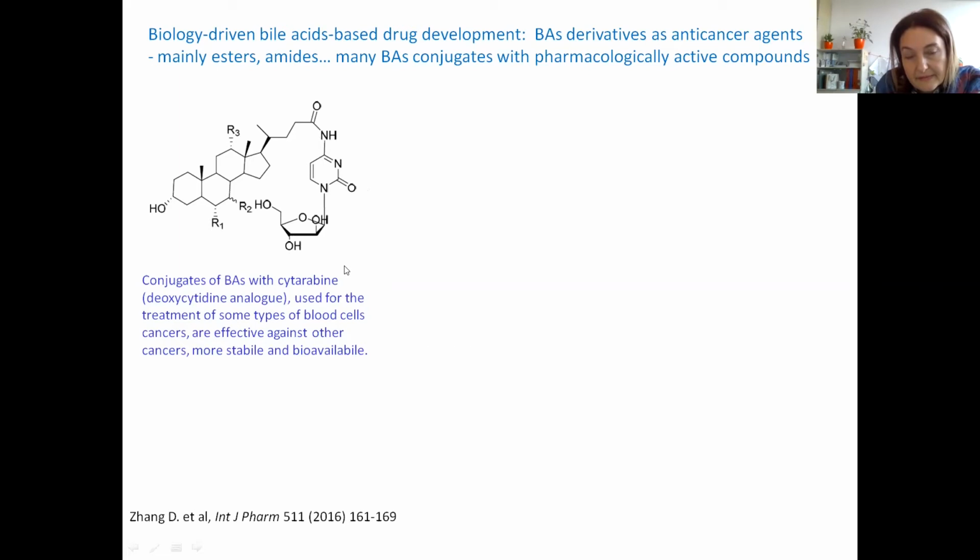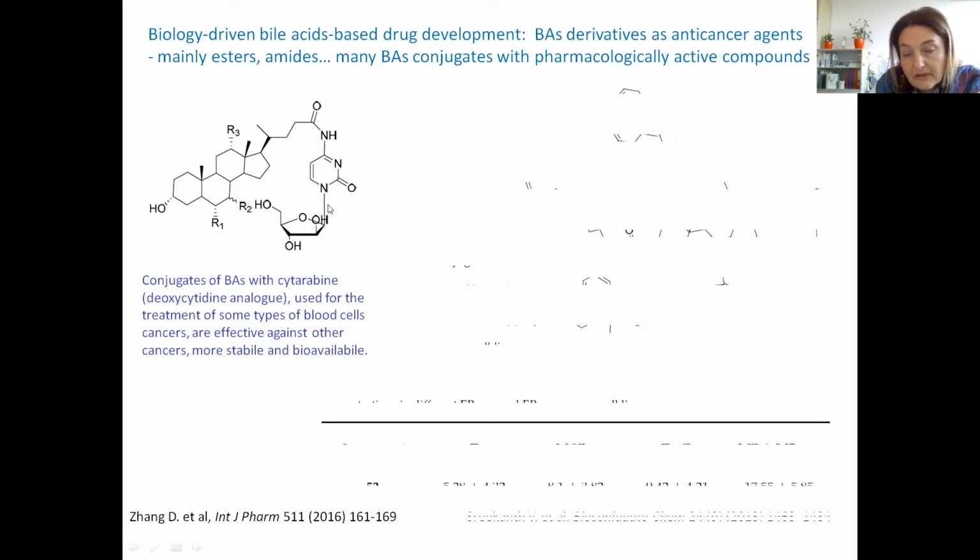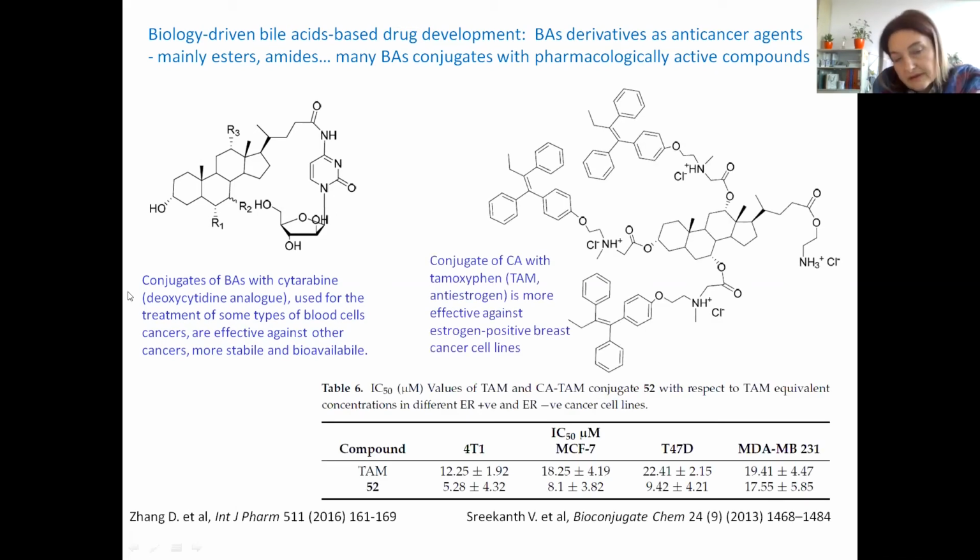For example, conjugates of bile acids with cytarabine, which is a deoxycytidine analog used for treatment of some types of blood cell cancer. This conjugate is even more effective than the compounds alone, and more stable and more bioavailable. More stable then means more bioavailable, or longer bioavailable.